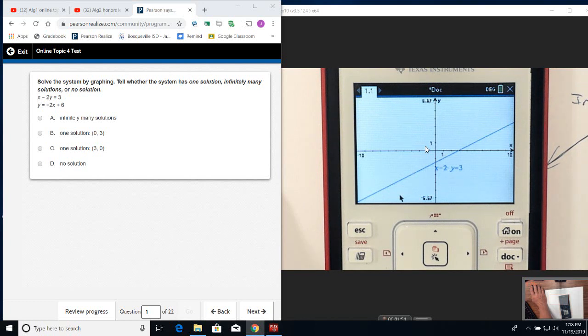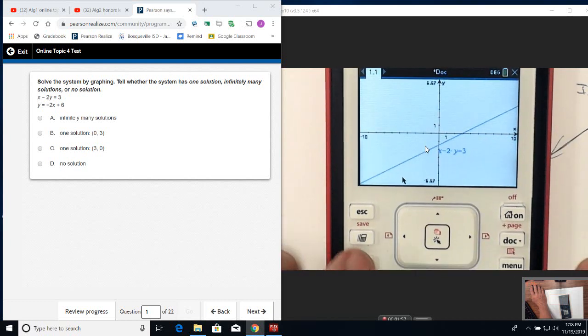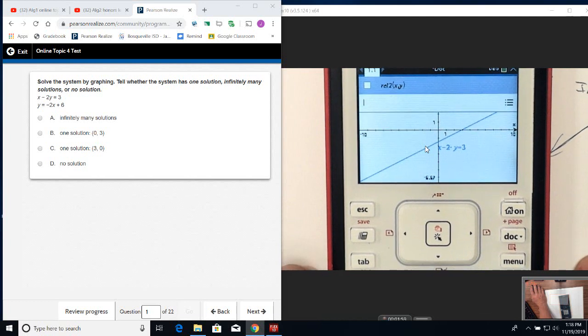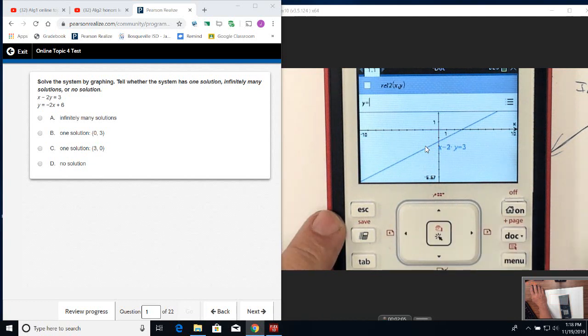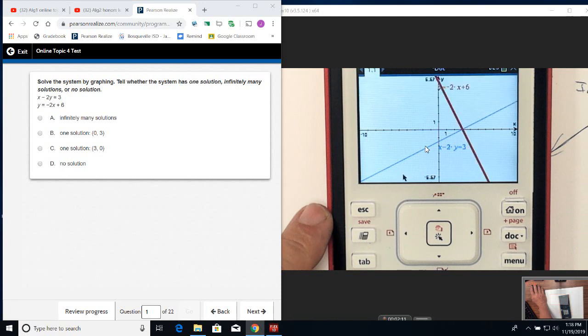How to graph the next one? Same way. Except to get another graph on top of that graph, I hit Tab, T-A-B right here. And then I just plug in the second function, which is y is equal to what? Negative 2 what? There you go. And they would cross at one point.